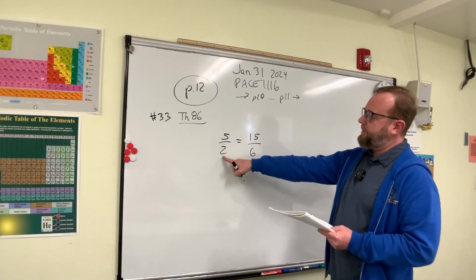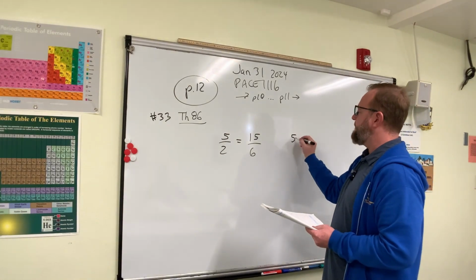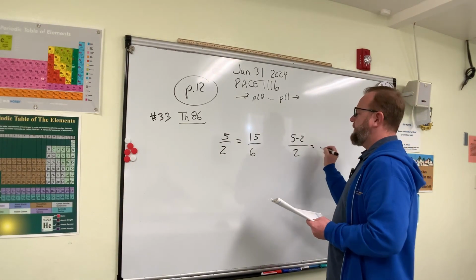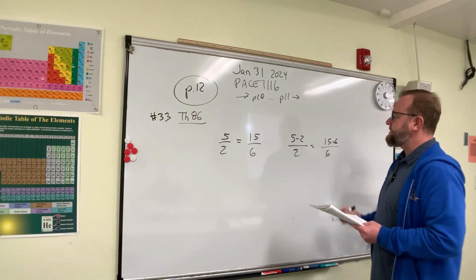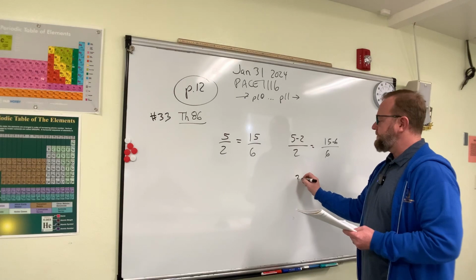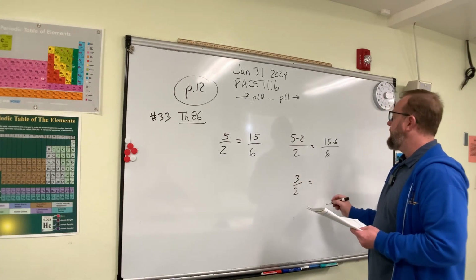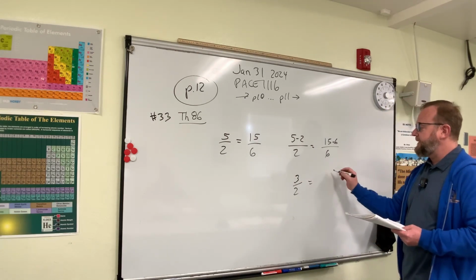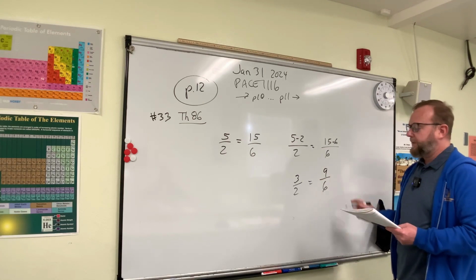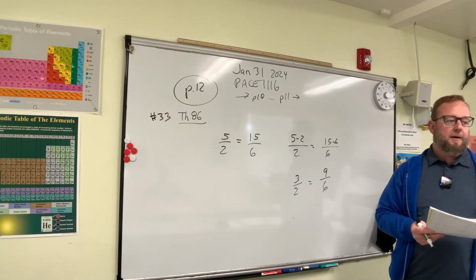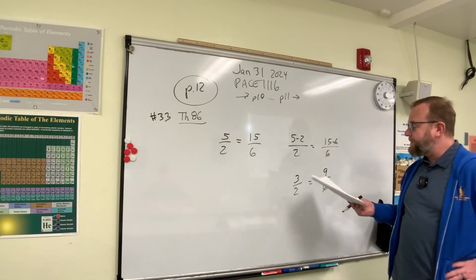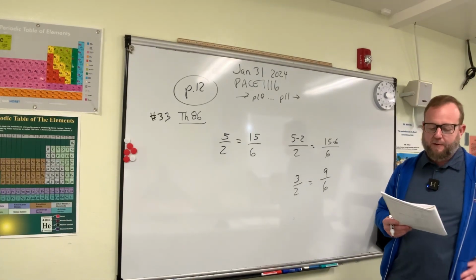So I'm putting my denominator, subtracting it from the numerator. 5 over 2 equals 15 minus 6 over 6. This is 3 over 2 equals, and then what's 15 minus 6? 9 over 6. And you know, still a proportion. So it does work, theorem 86.